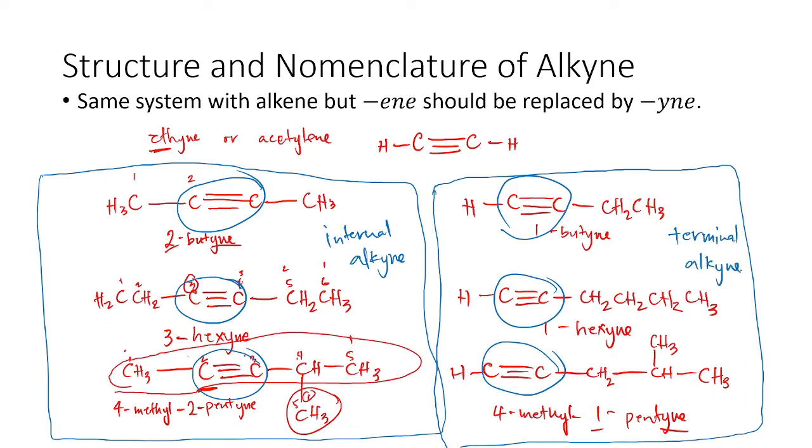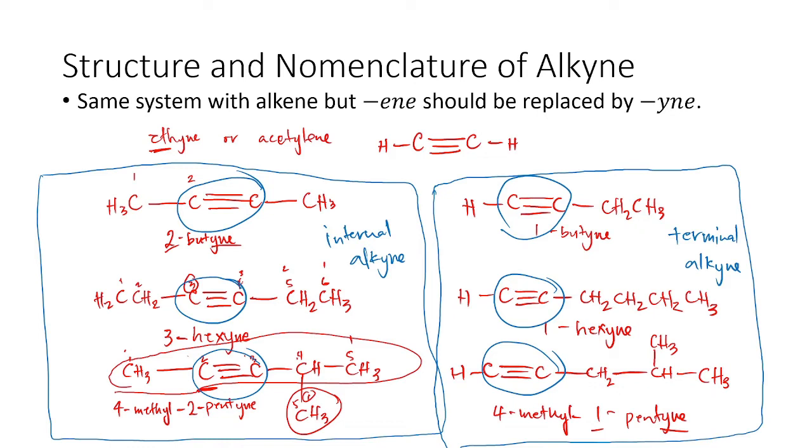So basically, when we talk about internal alkynes, these are alkynes that have their triple bond inside the chain. It is not on our first carbon. And when we talk about terminal alkynes, these are alkynes that have their triple bond positioned on our first and second carbon.